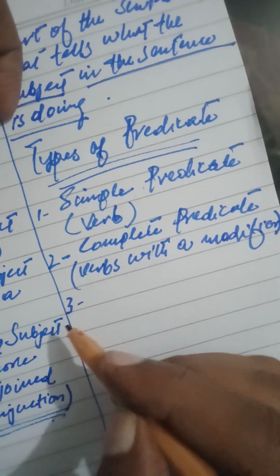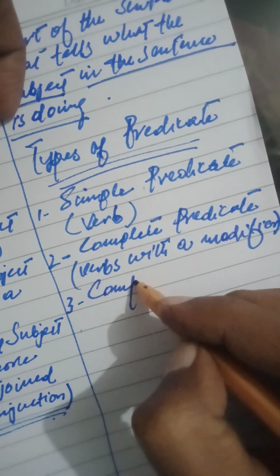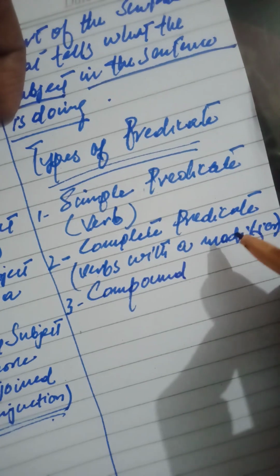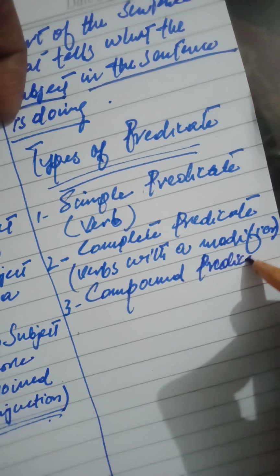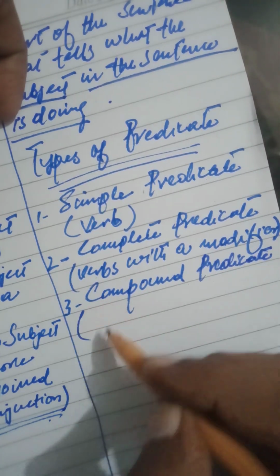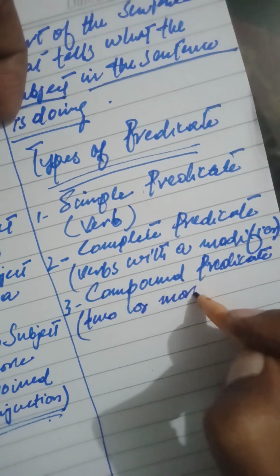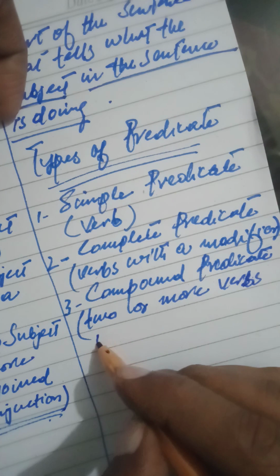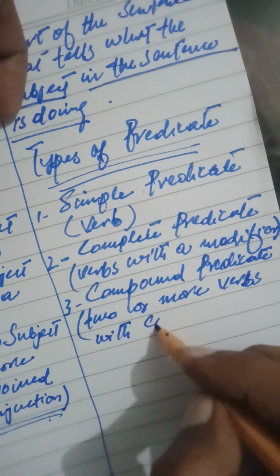And number three, compound predicate: two or more verbs with conjunctions.